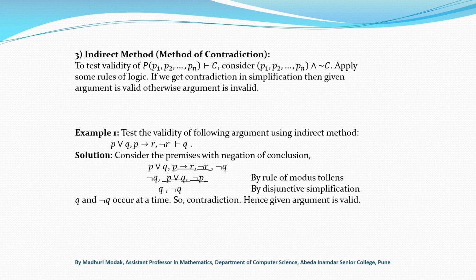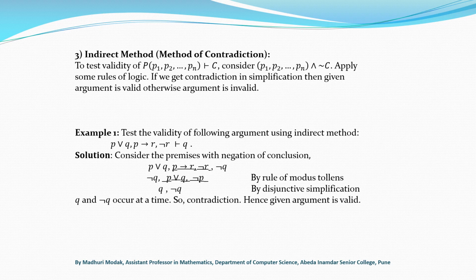Now, the third method is the indirect method, that is the method of contradiction. So in mathematics, many times while proving some theorem, we start with the negation of whatever we have to prove. For example, if we want to show that root 2 is an irrational number, what is the method of showing it? We start with the negation of that statement.